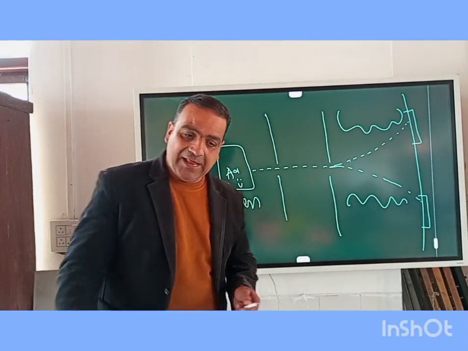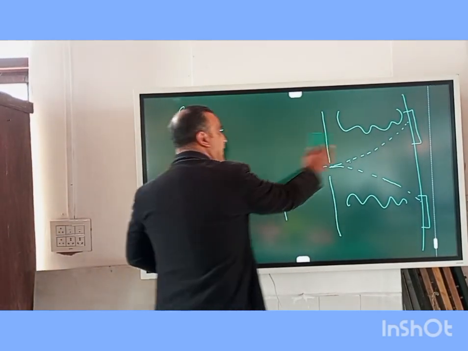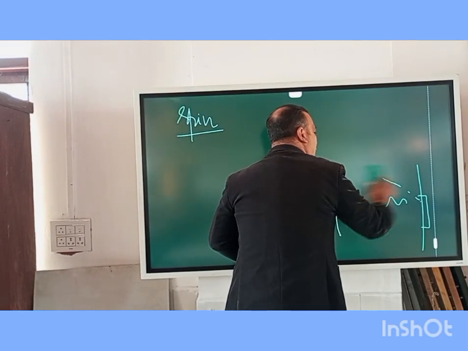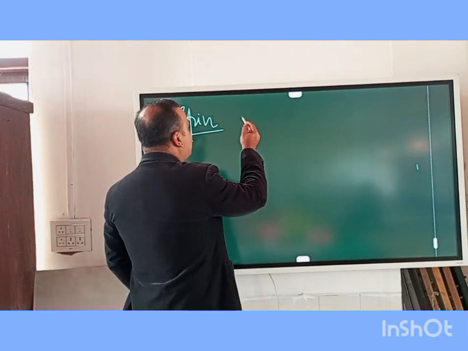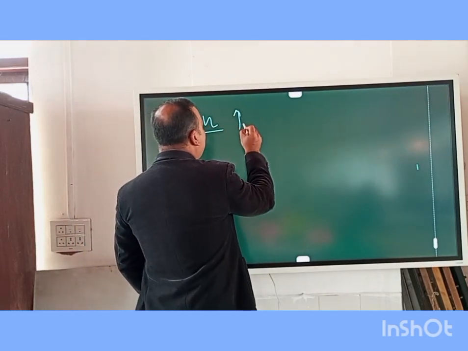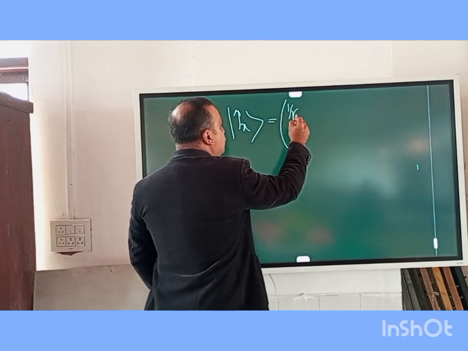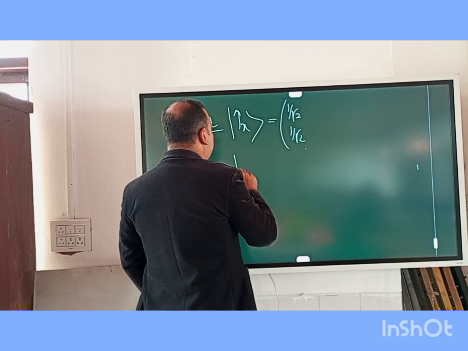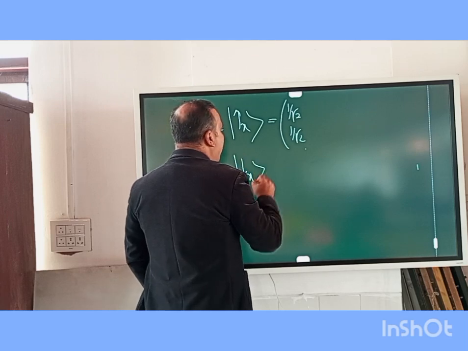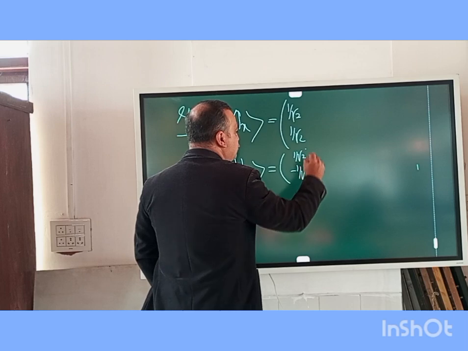And I had written down yesterday some kets of spin up and spin down. You remember that? So what was that? If I have spin up along x, I choose it as 1 by root 2, 1 by root 2. And the spin down along x as 1 by root 2, minus 1 by root 2.